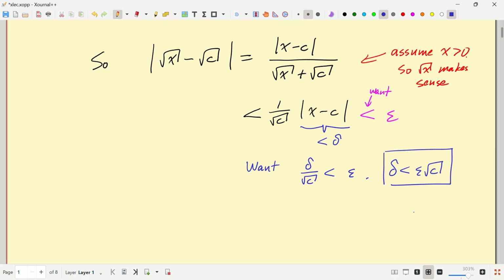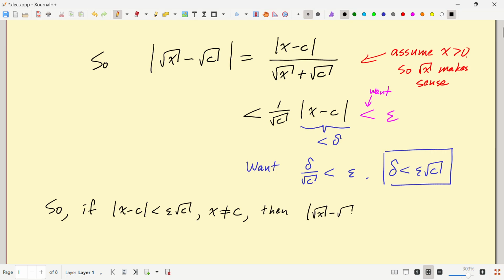So if x minus c is less than epsilon times the square root of c, and of course in the definition you need to specify that x is not equal to c, then the square root of x minus the square root of c is less than that given epsilon. And that's what it means for that limit to be the square root of c.